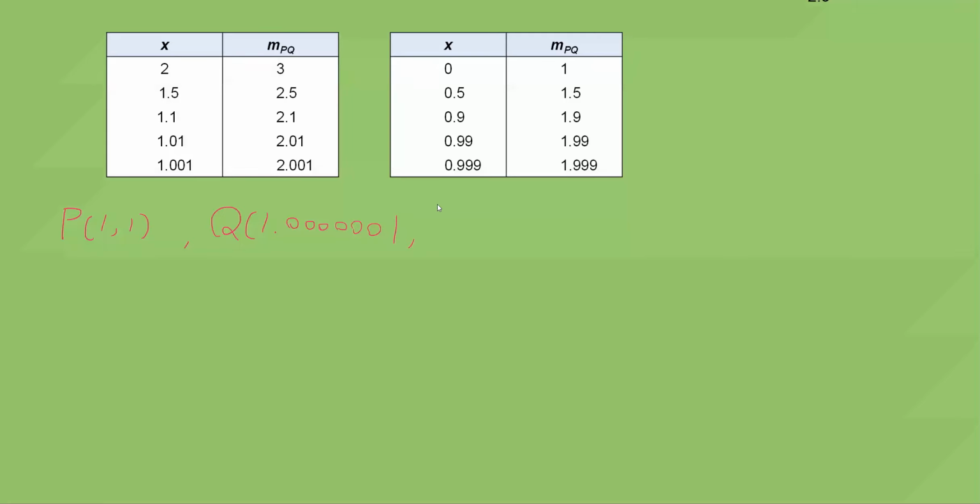It's approximately 1.00000002. Okay, so the slope would be 1.00000002 minus 1 all over 1.000001 minus 1.